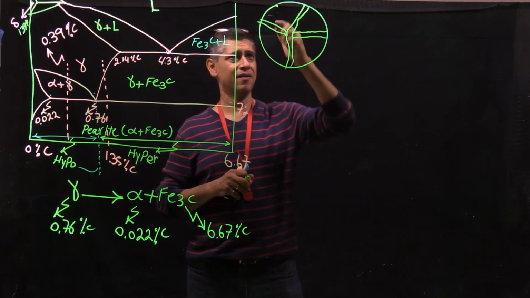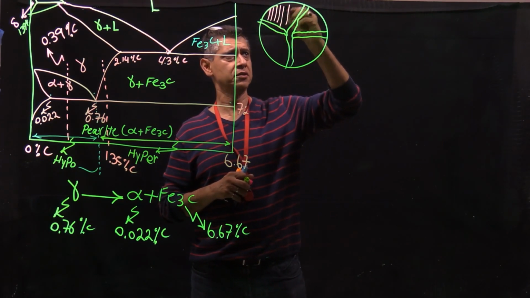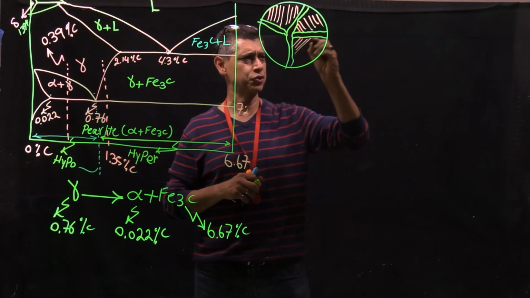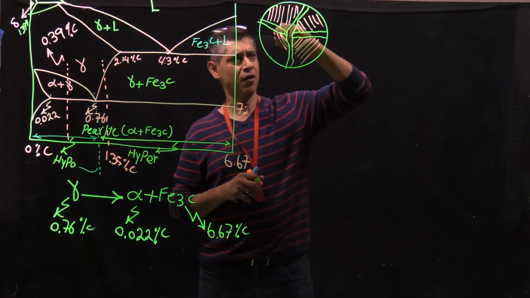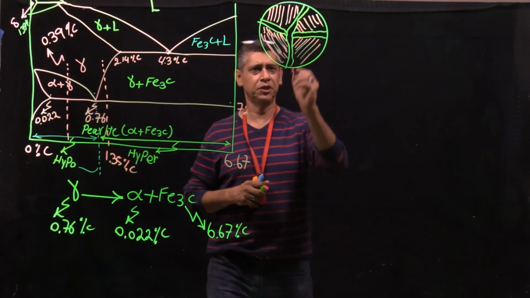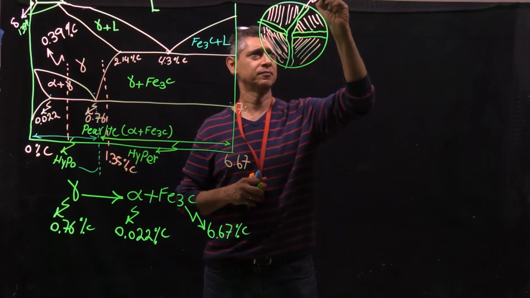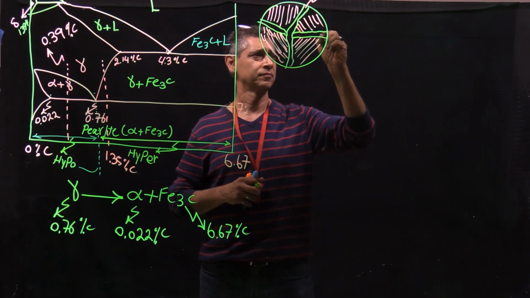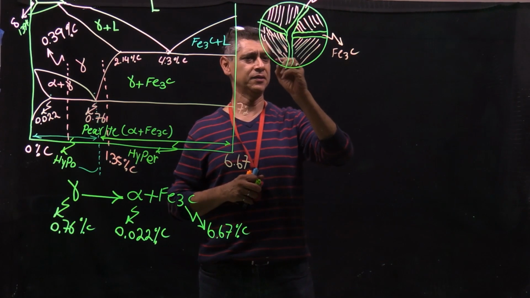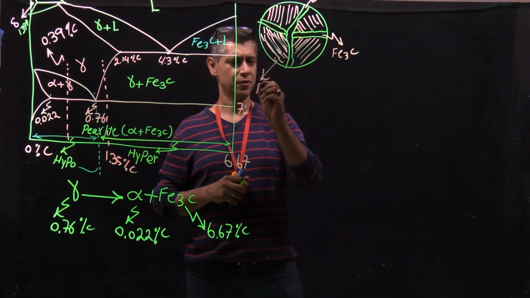So you have colonies of perlite and you have white strips of cementite. So these guys are cementite, and these guys are perlite.